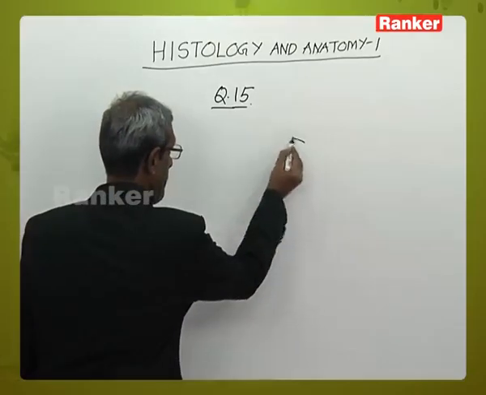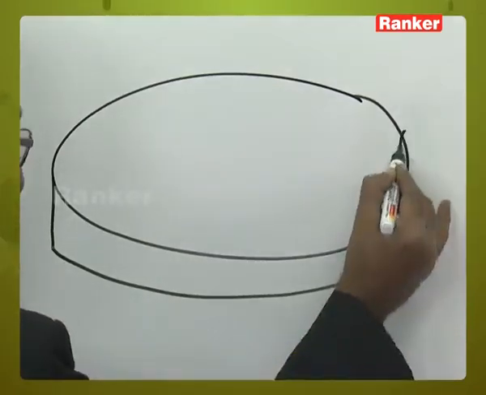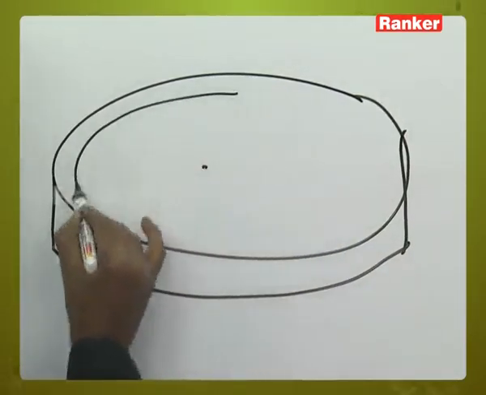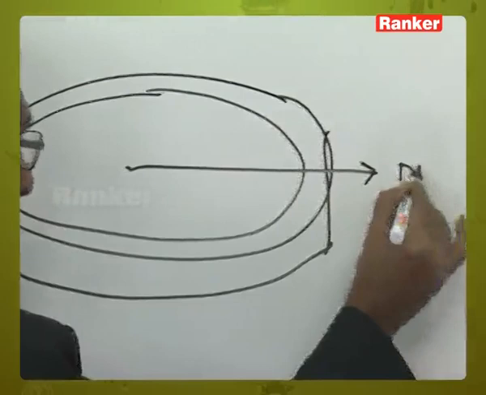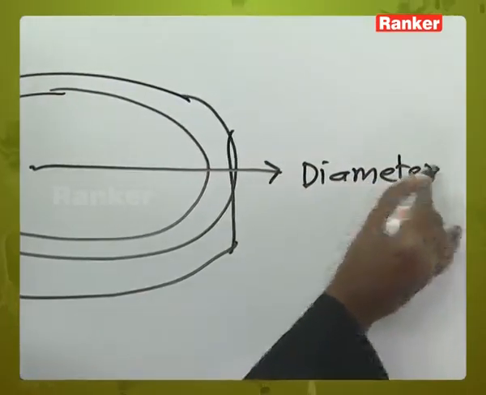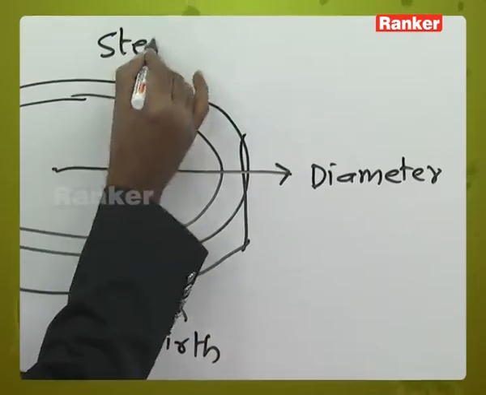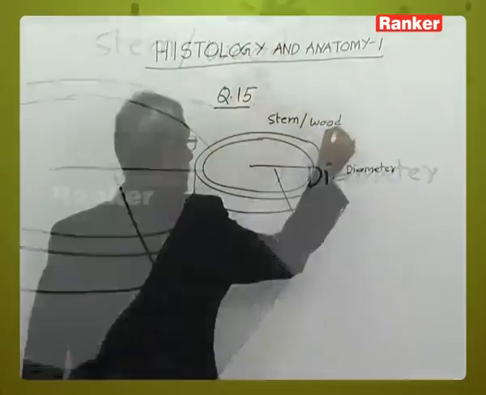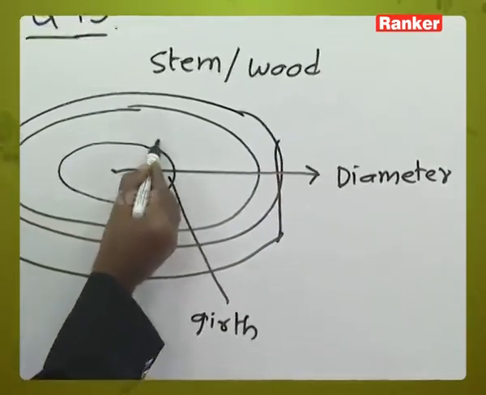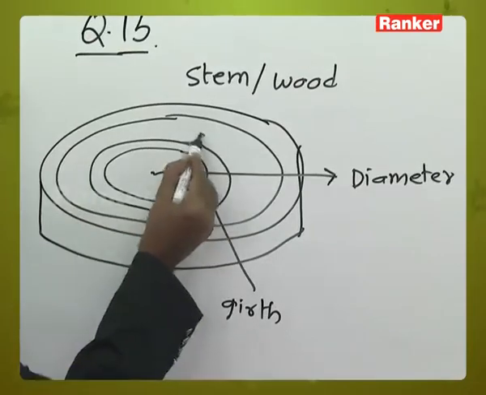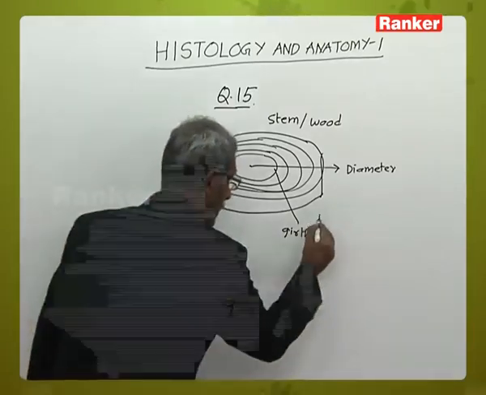Whenever we take a stem, the increase in girth or diameter of any particular stem or a wood, wherein every year there is the formation of a ring, is due to the activity of lateral meristems.